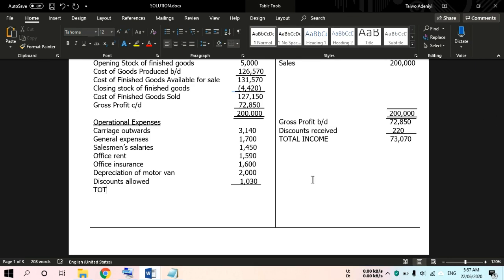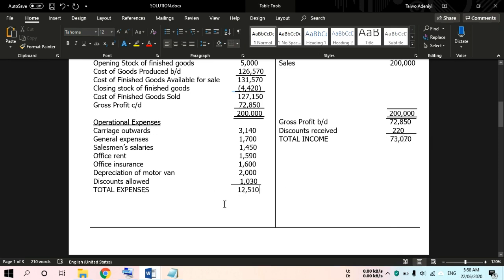The total will be total expenses, and for the total expenses we will need to add up 3,114 naira with 1,700 naira with 1,450 with 1,590 with 1,600 with 2,000 naira with 1,030 naira. That will give us 12,510 naira. Good.